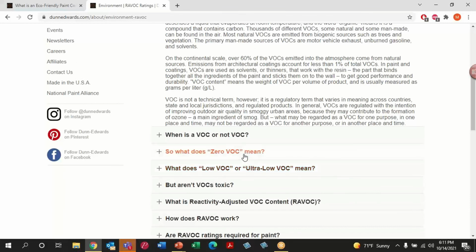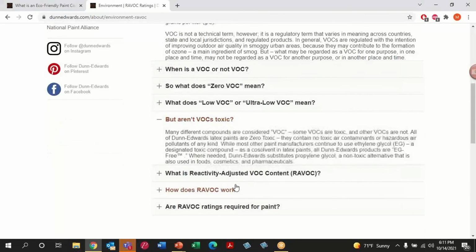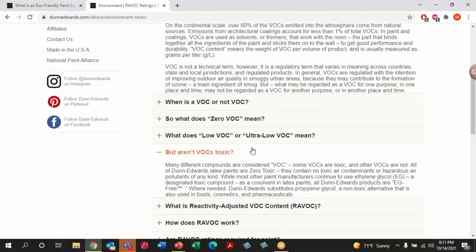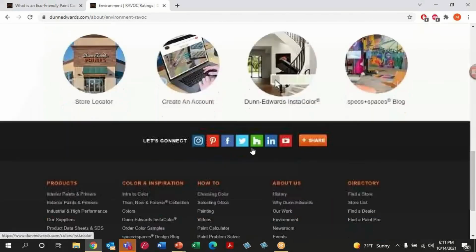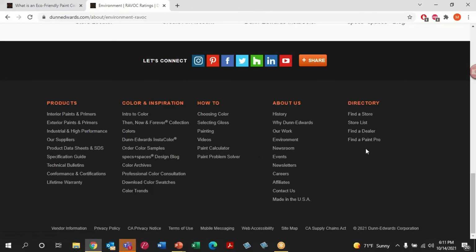It goes into what a 0 VOC means, what low versus ultra low VOC means, discussions about whether VOCs are toxic or not, and of course, how RAVOC ratings work and whether they are required. I definitely recommend going to our Dunn-Edwards website. We are currently in the process of updating this, so you can find our environmental page down here in the About Us section where it says Environment.